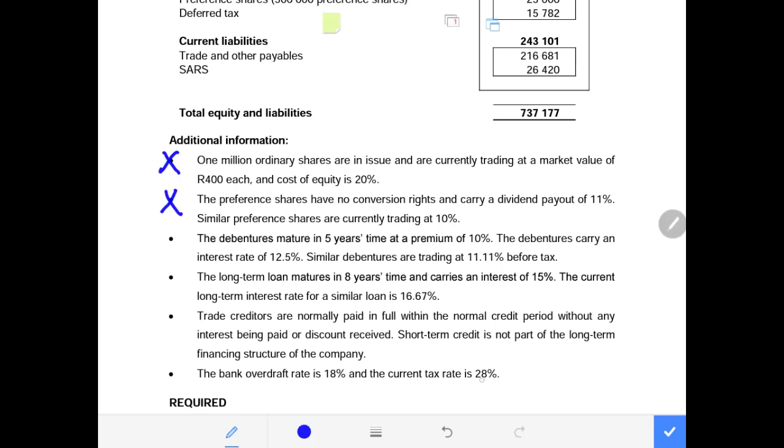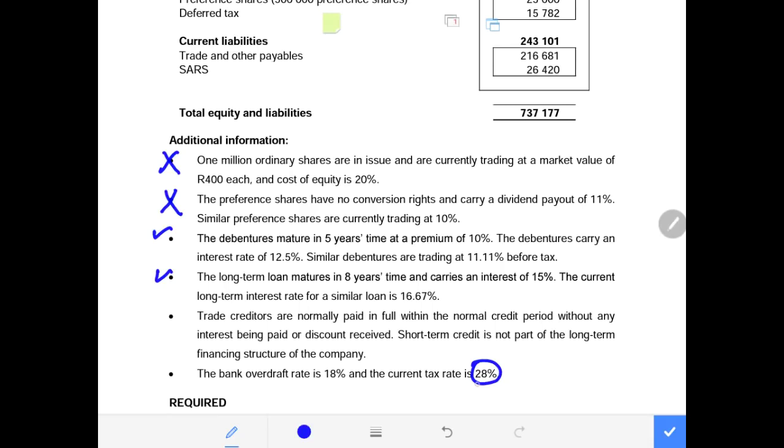In terms of tax at 28%, dividends do have the 28% tax. I don't want to mislead you on that. But dividends don't affect the statement of profit and loss, meaning the income statement. So this 28% will only affect the long-term loan and the debentures, because these are the interests, not dividends.